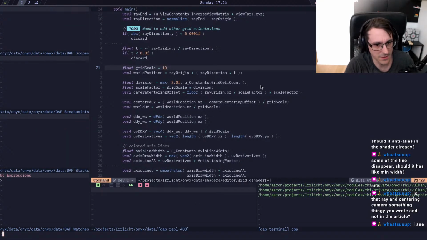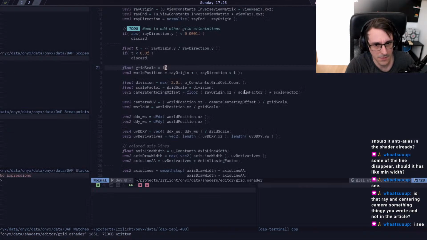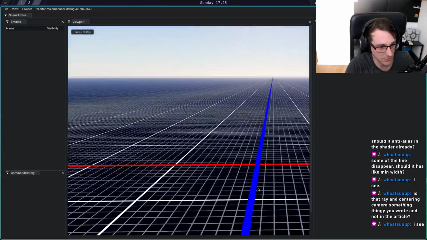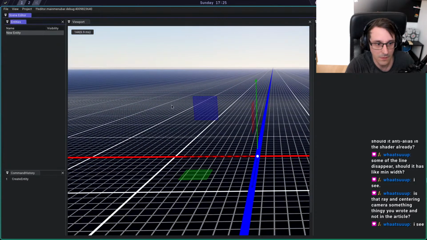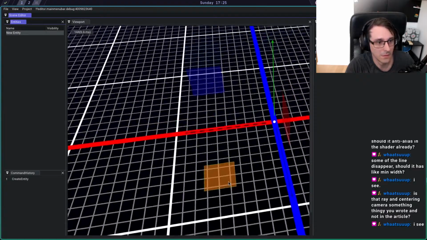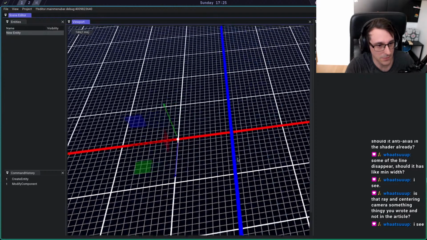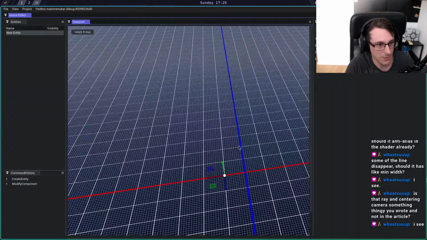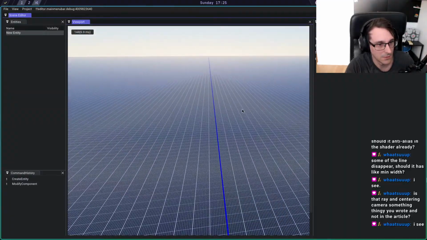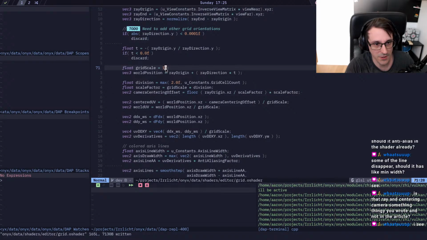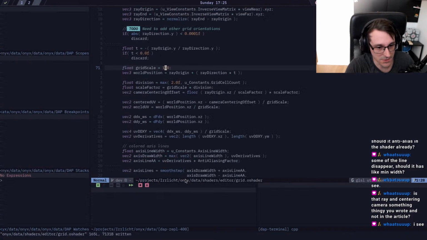So doing that by 10 now means each unit, each cell is like 10 wide. And then there should be 100, yeah, 100. Okay. Nice. So I guess we could push that and say, for example, 100, and then this is like 1000.